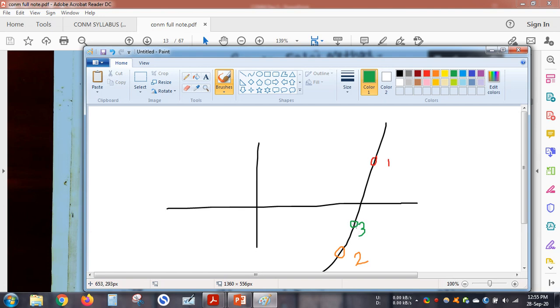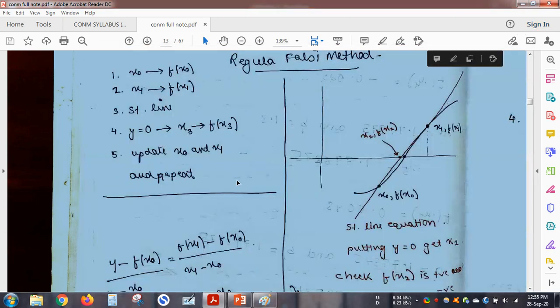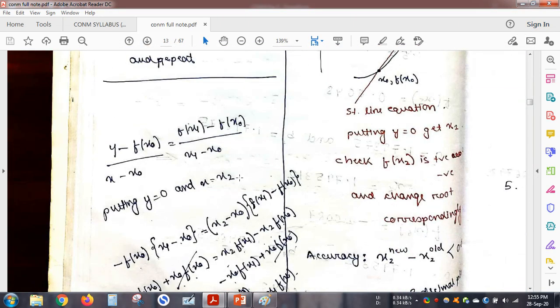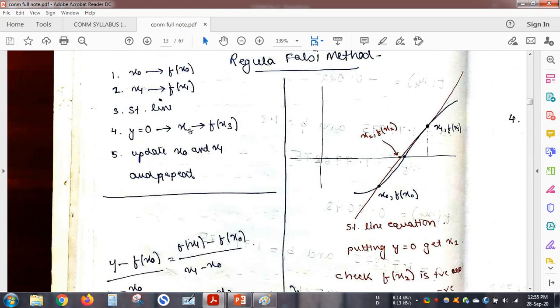As this third value is closer to my x-axis, I will next be using this one and this third. Suppose after using them I got another value over here, then I will be using this and this. So in this way, you already know the drill how we do it, isn't it? So this is the same. Here the only thing that has changed is how I find the approximated root.